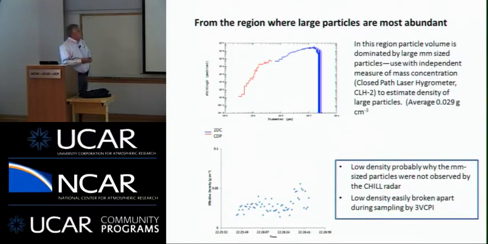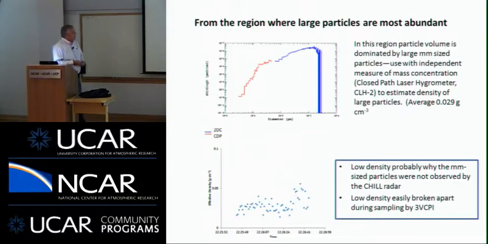And then we used the volume concentration with the independent measurement of the mass concentration from the closed path laser hygrometer to estimate the density of the large particles. Now, what this does is just fit a sphere to the whole thing. So, and we've got very tiny aggregates in there. So the density average that you get when you do that is really quite small.